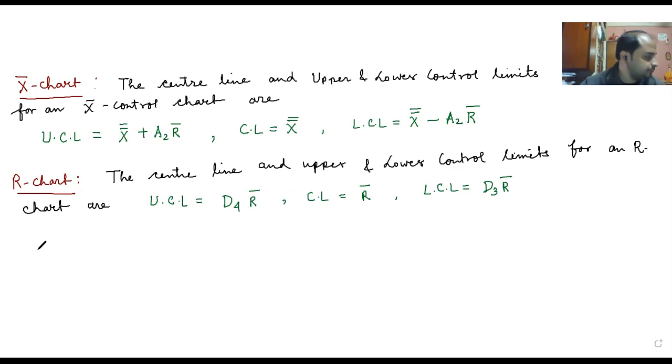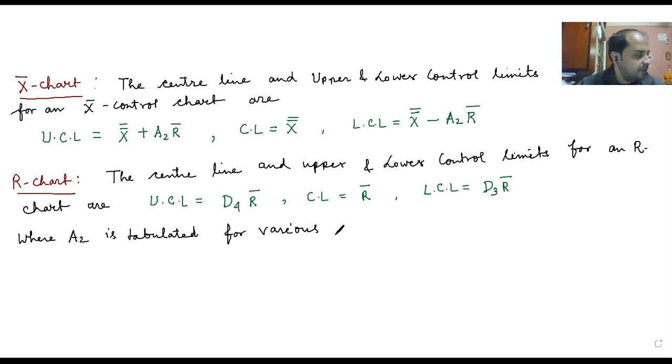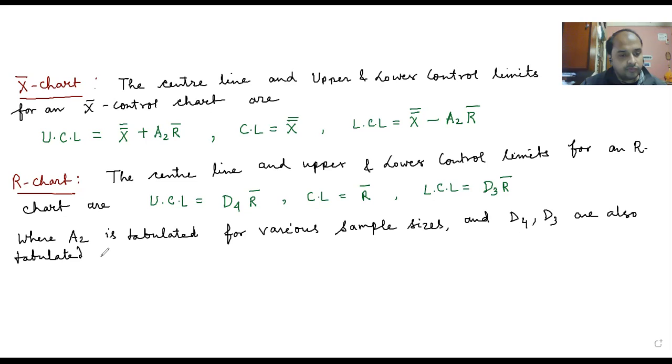where A2 is tabulated for various sample sizes and D4, D3 are also tabulated from the SQC chart for different sample sizes.